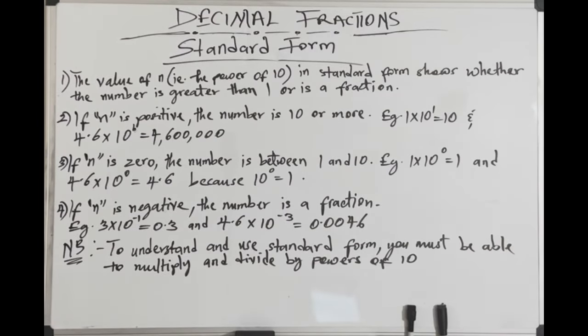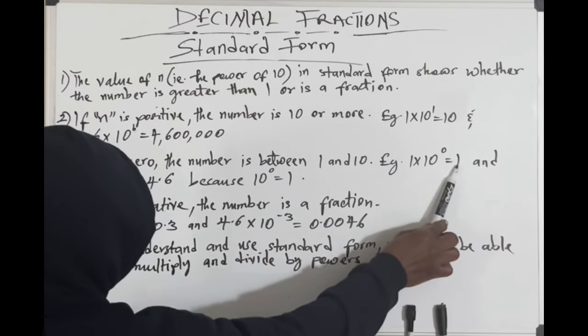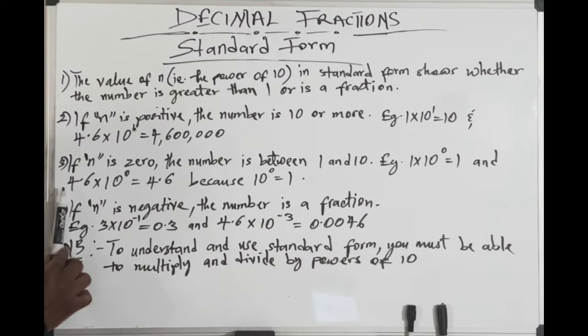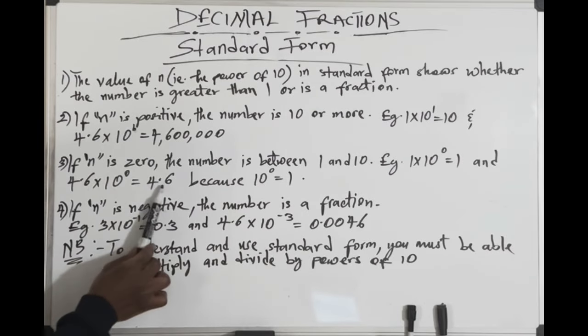Then what we have to study also is if n is 0, the number is between 1 and 10. So for example, we have 1 times 10 raised to the power 0, we will have only 1. And then also 4.6 times 10 raised to the power 0 is 4.6.